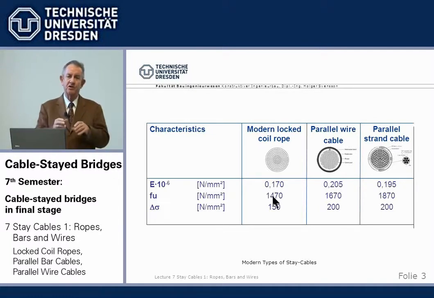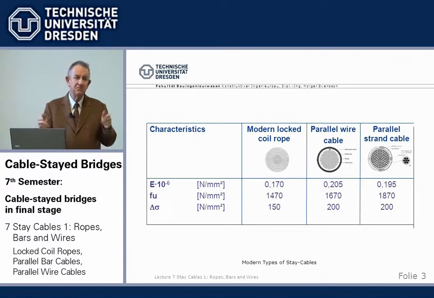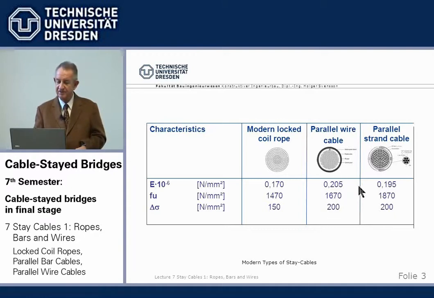They are drawn differently. If I draw the diameter from, say, a starting 10 millimeter bar down to 7 millimeters, then I increase the strength to 1470. If I go on pulling through holes, so to say, to 6.5 millimeters, then I increase the strength to 1670.